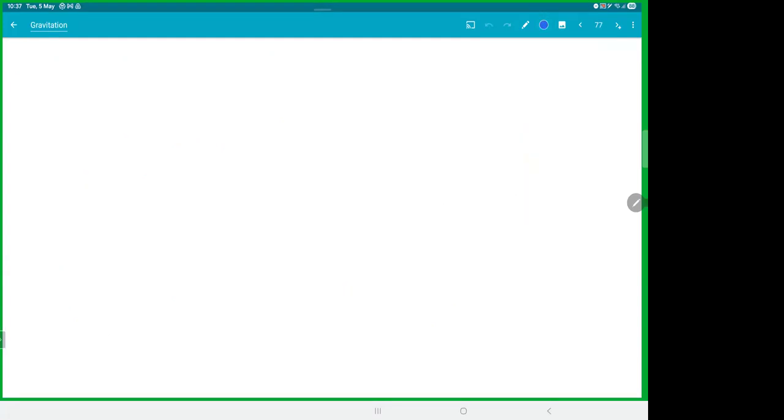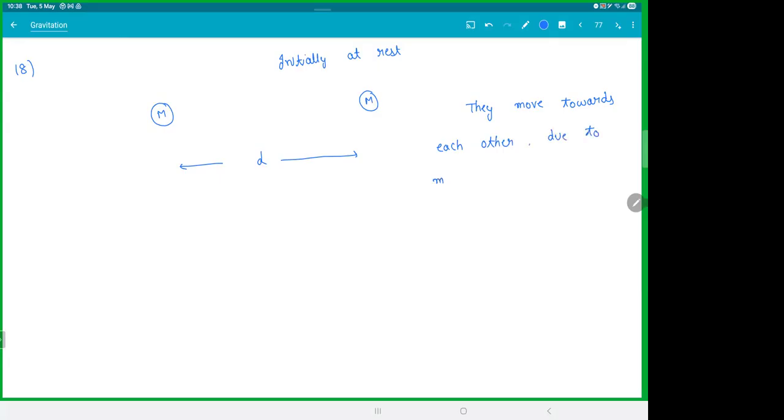Now, based on the same question, look at this. If you have a mass m and a mass n, and initially the distance between them is d, and they move towards each other due to mutual gravitational force, initially at rest.